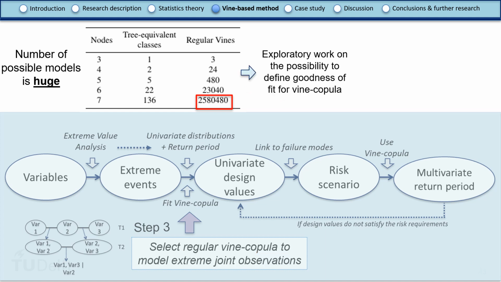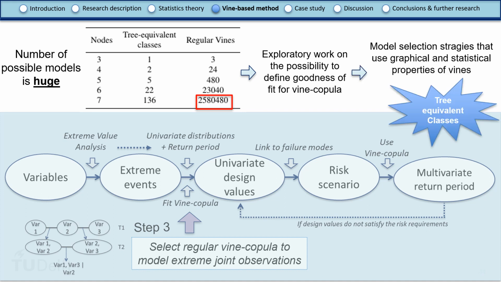That is why I decided to perform exploratory work on the possibility to define goodness of fit for vine copula. But goodness of fit is a very strong word. So I decided to focus on model selection strategies that use graphical and statistical properties of vines, more specifically on the concept of 3 equivalent classes.